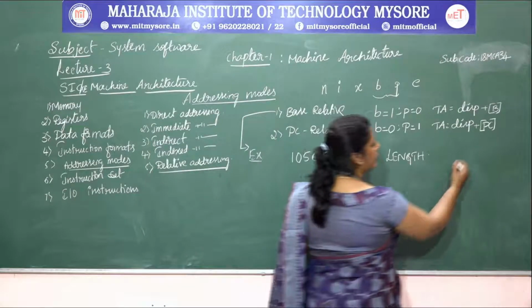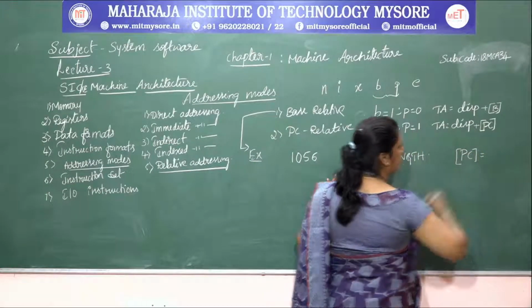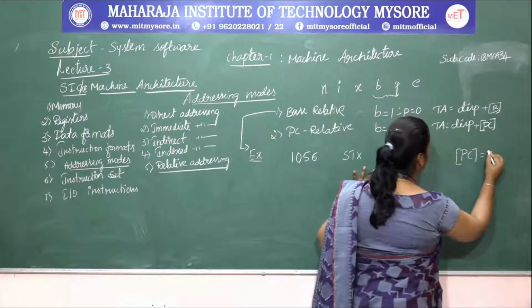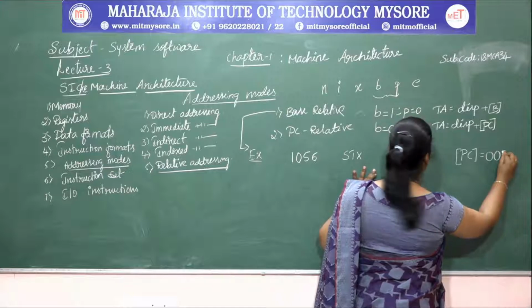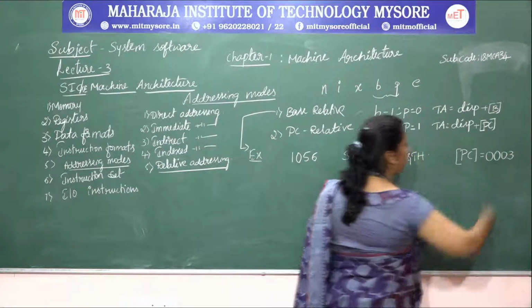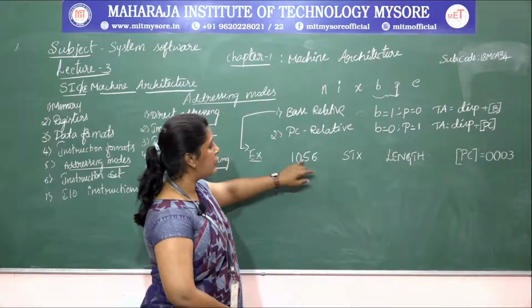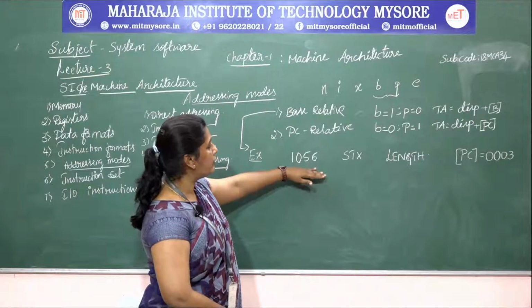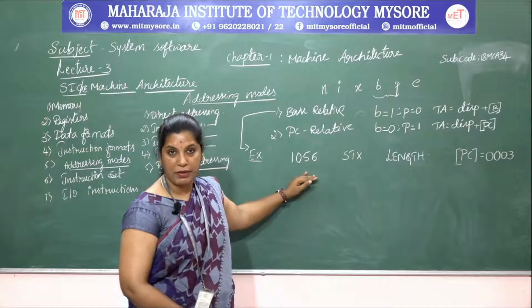Let us assume the program counter relative addressing mode. At that time, the program counter value is at memory location 0003. To get the displacement value for this instruction, 1056 minus 0003, we get 1053.